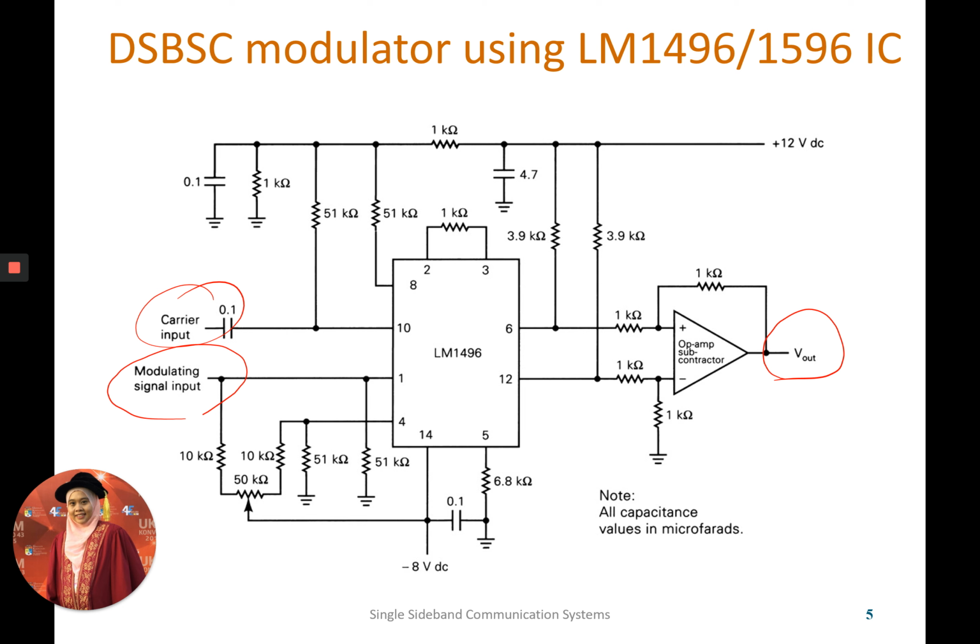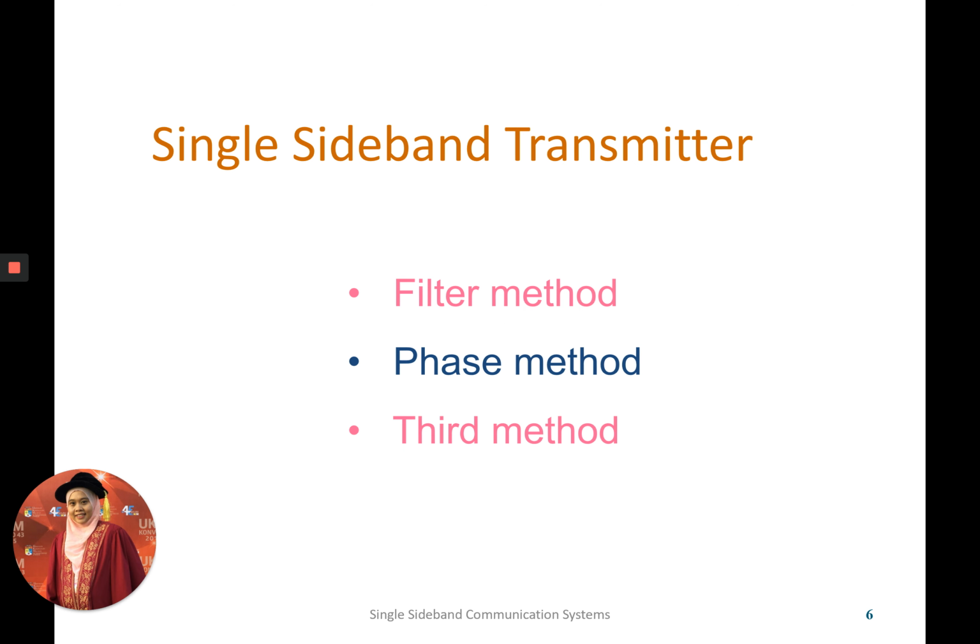Okay, so for the single sideband transmitter, basically we have three methods to produce the output single sideband signal. The first one is called the filter method. The second method is the phase method, and lastly is the third method.